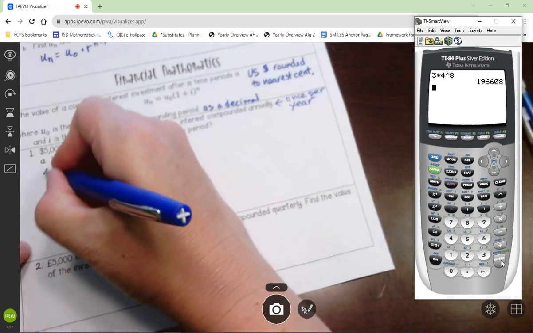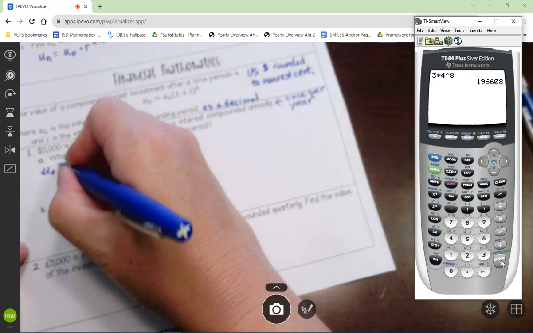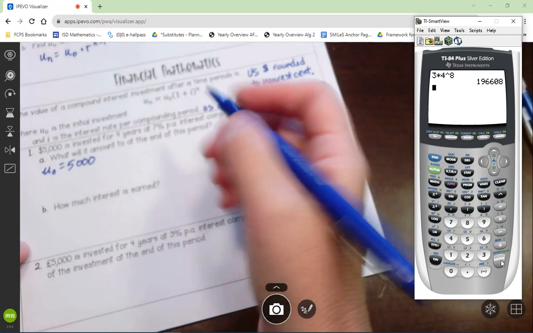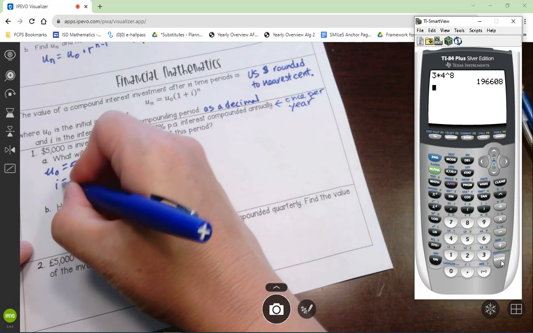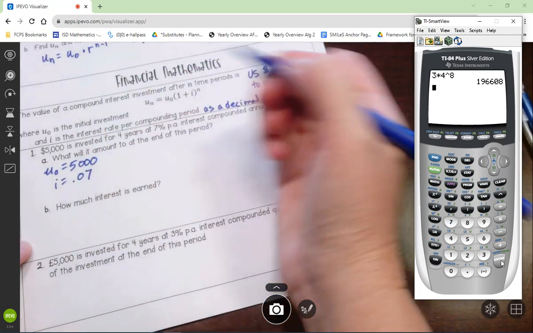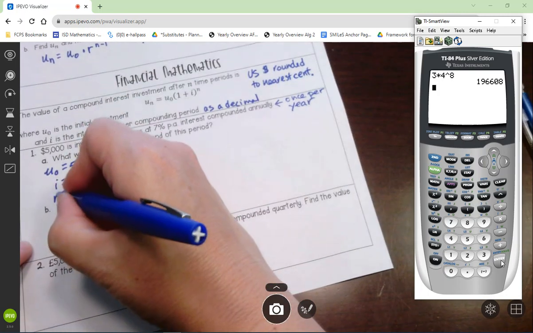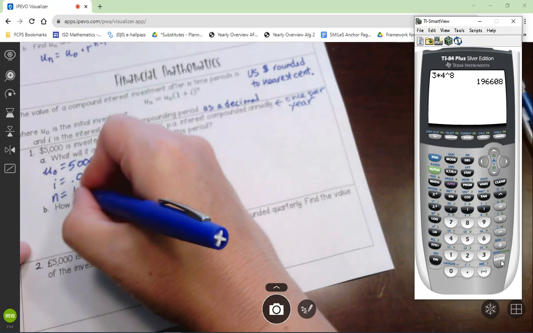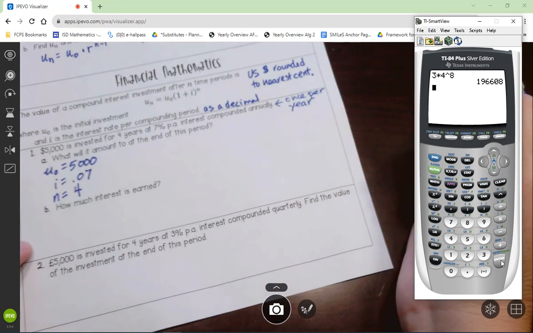So u sub 0 is your starting amount, $5,000. And i is your interest rate. 7% as a decimal is 0.07. And n is the number of compounding periods. So 4 years, once a year, that will be 4 compounding periods.